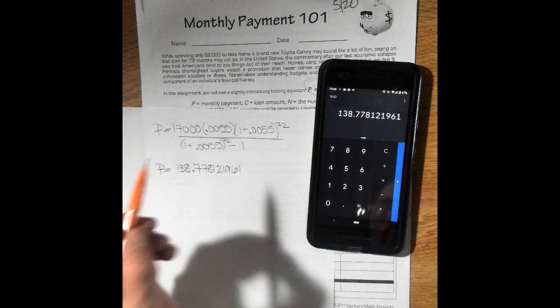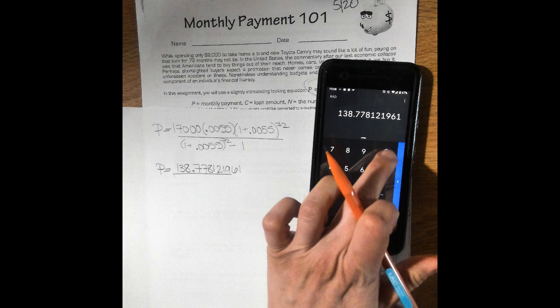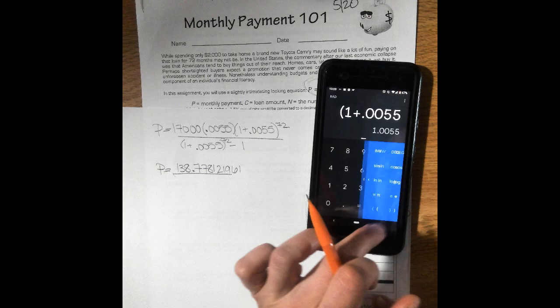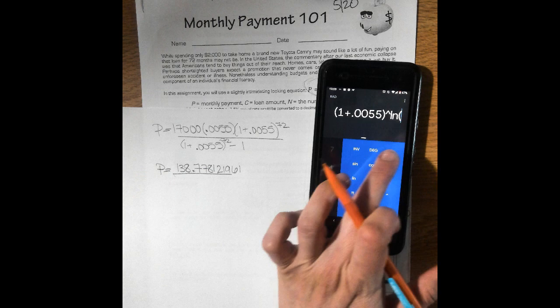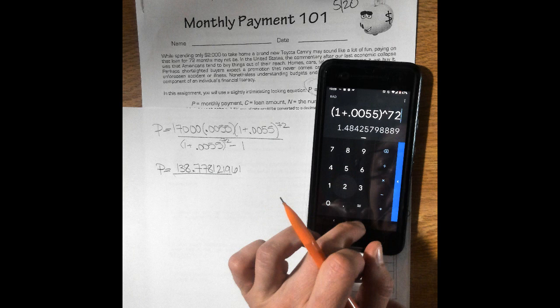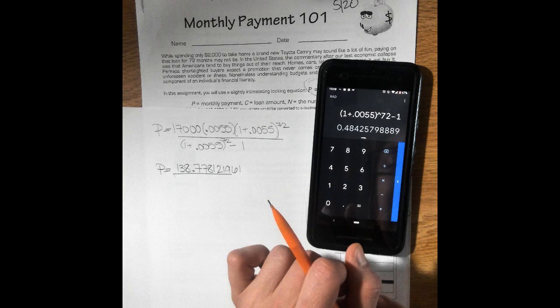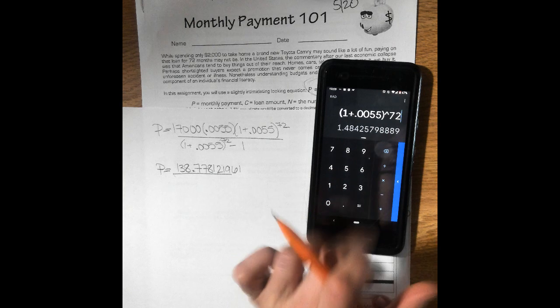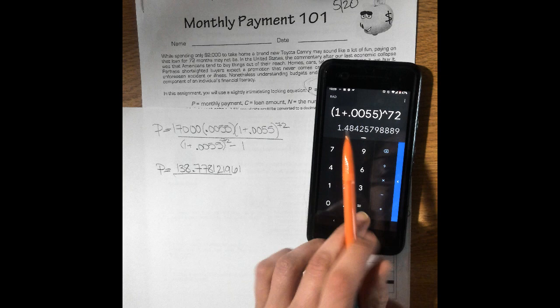So there's my numerator. I'm going to clear it, and I'm going to type in something very similar for the denominator, being careful to make sure I put all my decimals in the right place and my parentheses in the right place, and then minus 1. Let's do that, minus 1.